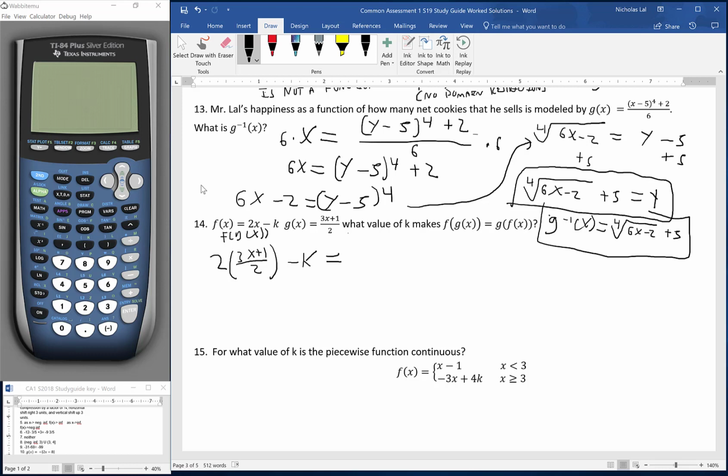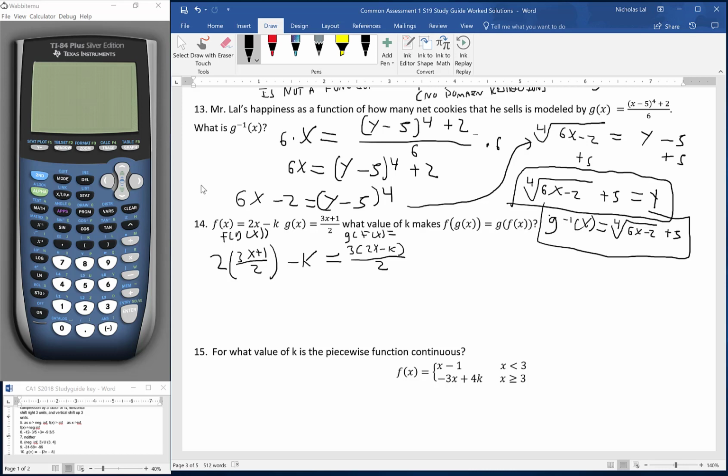So that's going to be equal to g of f of x. You plug f of x into g of x, so that's going to be equal to 3 times 2x minus k all over 2. And so we need to make these terms equivalent.